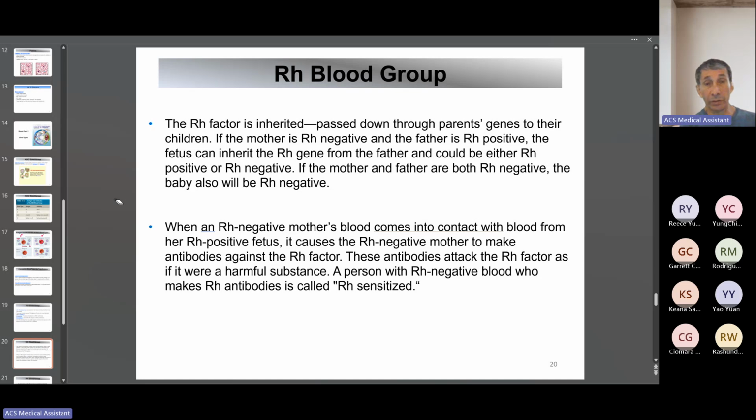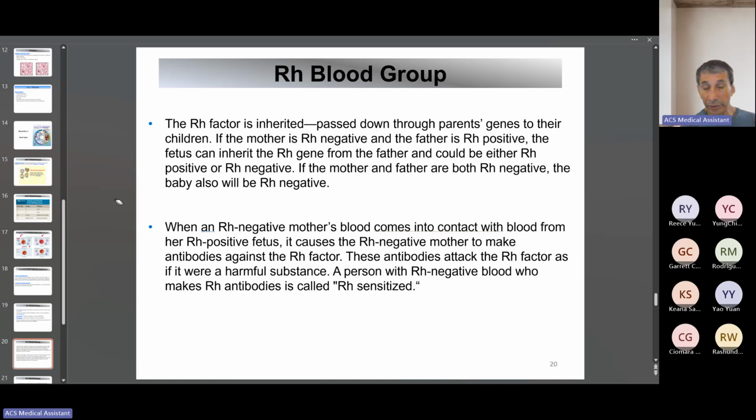So some mothers, if you're not evaluated by follow-up by the doctor during the prenatal care, what's going to happen? Then you might be negative, and then you get impregnated with someone who is positive. Then in the first weeks of pregnancy, maybe a month or so, you're going to have a miscarriage.